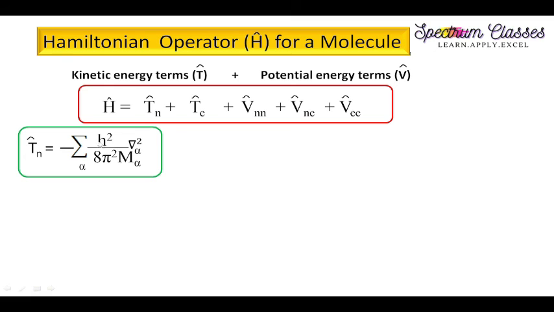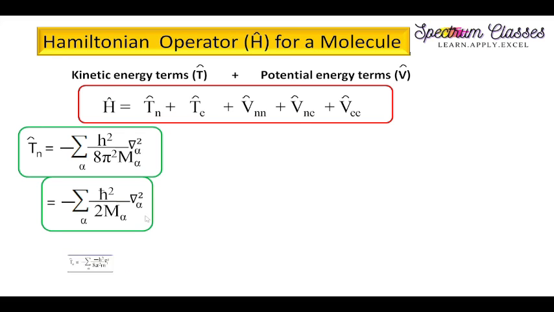Now in some texts you are going to see this term in this format, right? Here is the h and here is the h cross. This h cross means h upon 2 pi. So this 4 pi square is incorporated into this term, and the leftover term is this much. So it is given in either form in the textbooks, right?